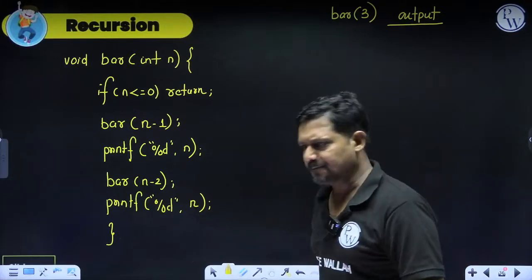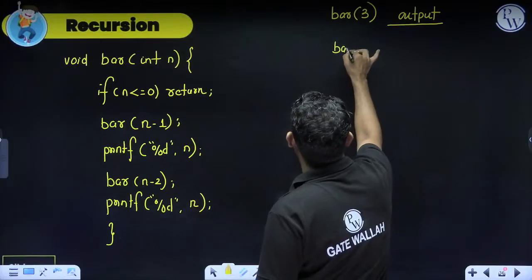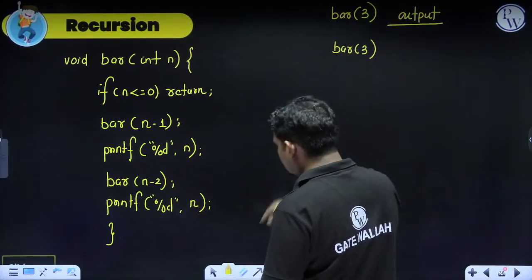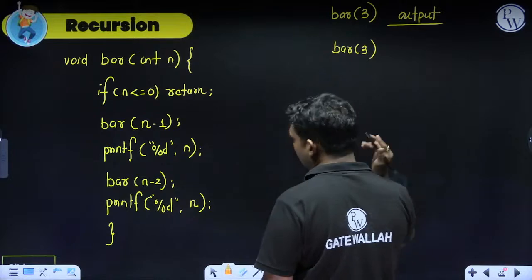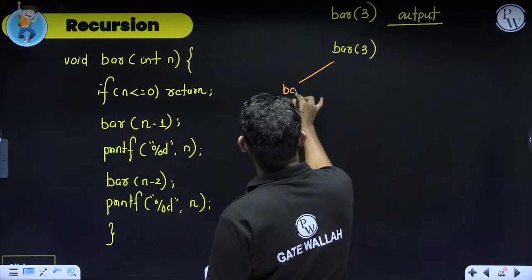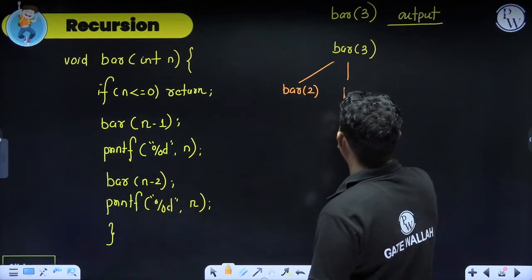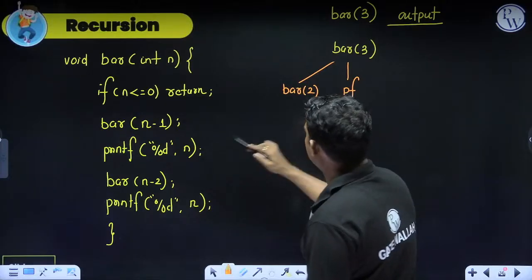Now, let us see. We are talking about bar 3. Let's make the recursion tree over here. So that is bar 2, and then there is a printf 3.